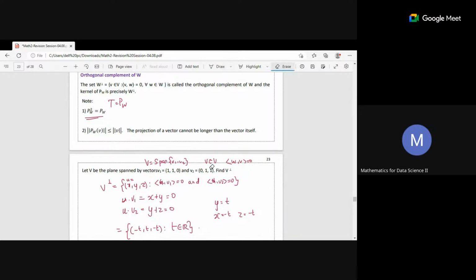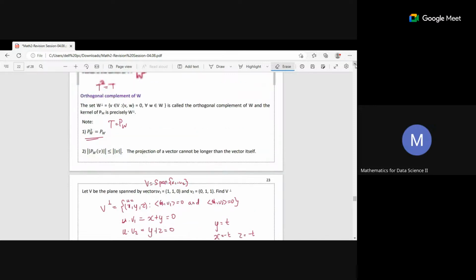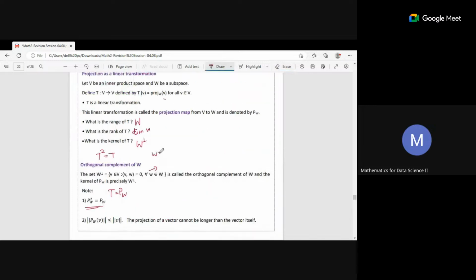That is sufficient instead of doing the entire subspace. If W has a basis W1, W2, up to Wk, then this definition is equivalently the set of all V such that the inner product of V and Wi is 0 for all i from 1 to k. This is an equivalent definition which I have used here.